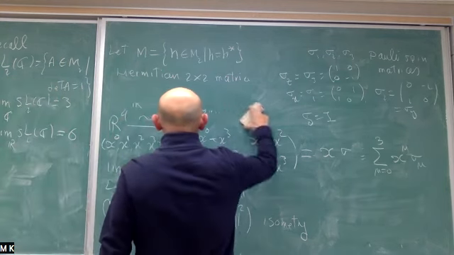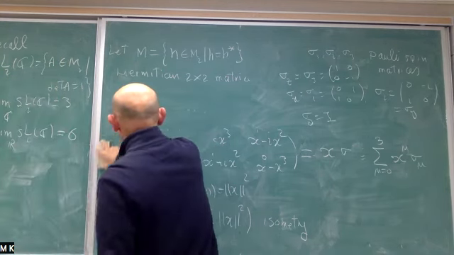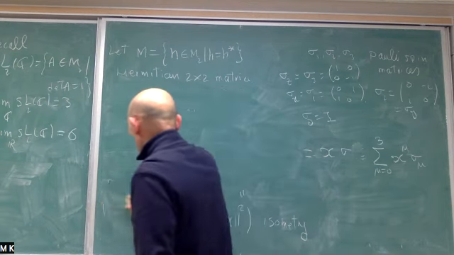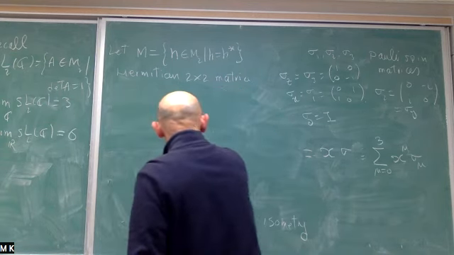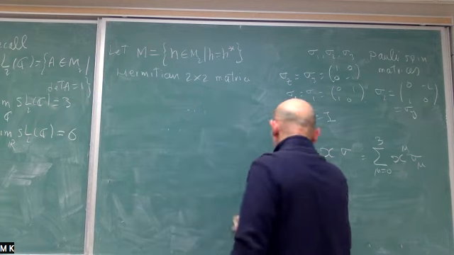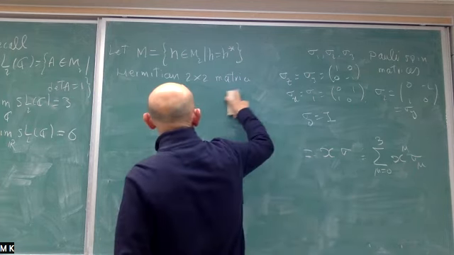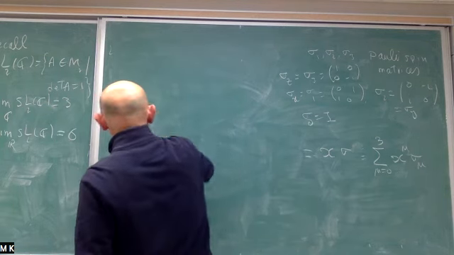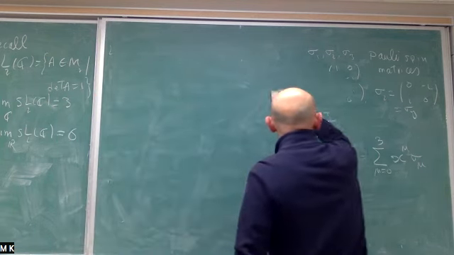So we're going to define a map now from SL2C to isometries of this M in the following way.